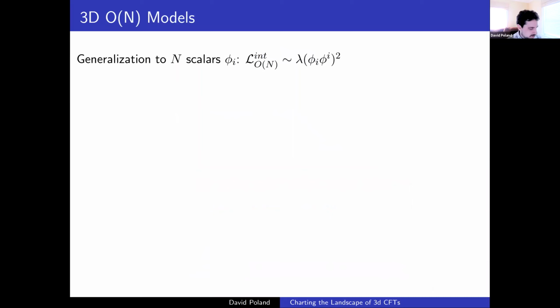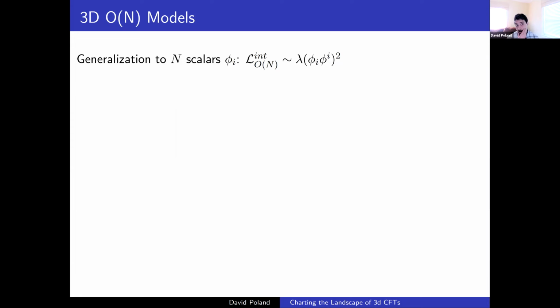Okay, so there are other interesting 3D CFTs. Another interesting class of 3D CFTs are the O(N) vector models. If you think of the Ising model Wilson-Fisher fixed point description as a scalar field which has a quartic interaction, you can generalize that to N scalar fields which have quartic interactions which preserve an O(N) global symmetry, which rotates between them.